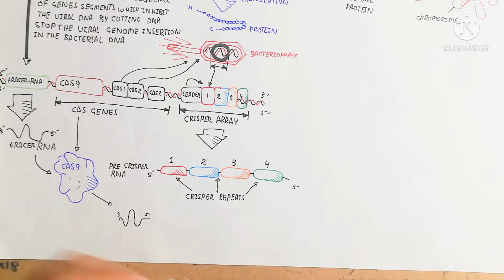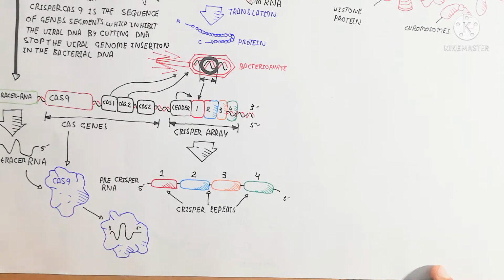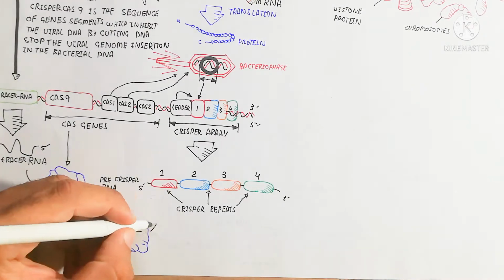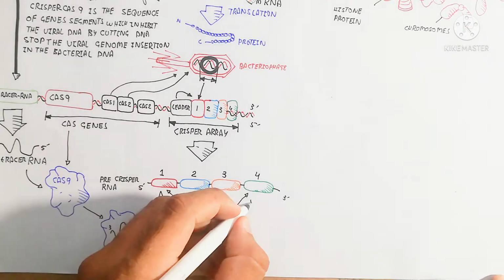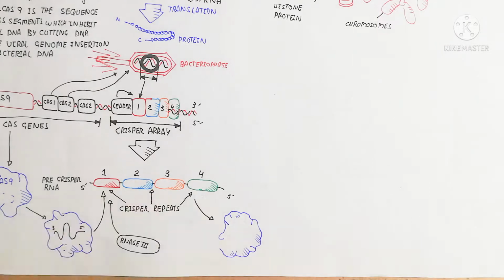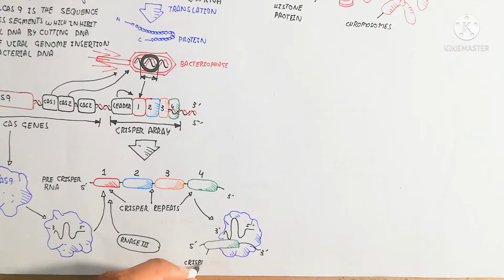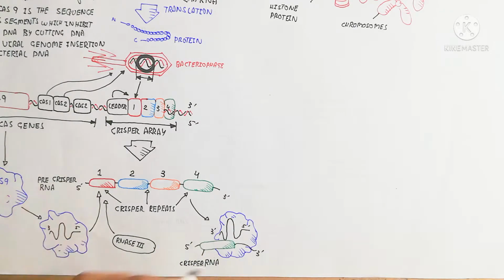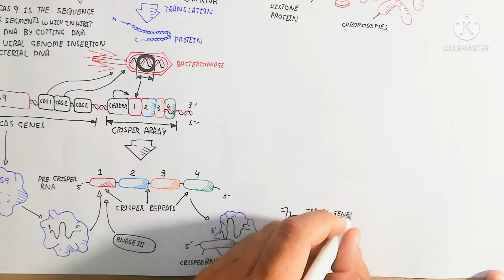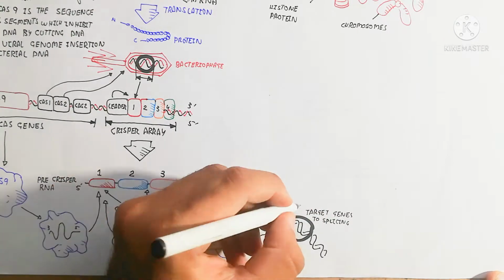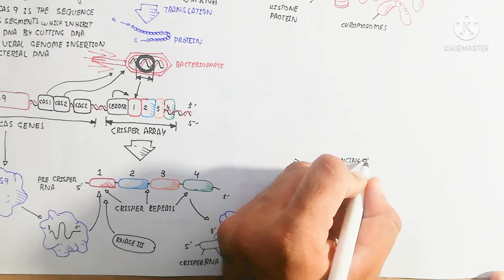Here the tracer RNA will be produced, and the Cas9 protein is produced after translation. The CRISPR repeat is also produced by transcription. Here is basically the pre-CRISPR RNA, and the RNAs bind with the tracer RNA and the Cas gene to form a complex, binding with the sequence like this.